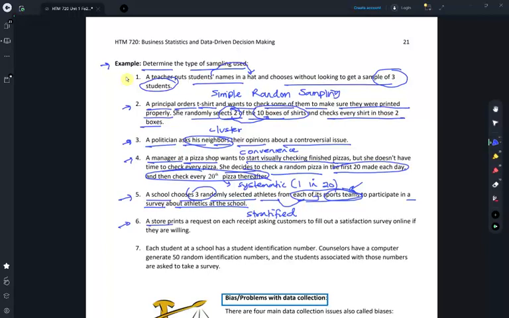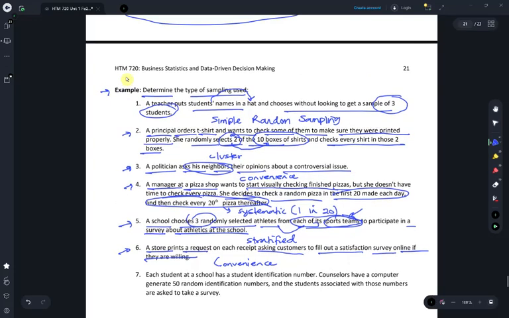6. A store prints a request on each receipt asking customers to fill out a customer survey online if they are willing. Well, those who might only complete this are those who either feel strongly about the service or who feel otherwise. That would end up with convenience sampling plan.